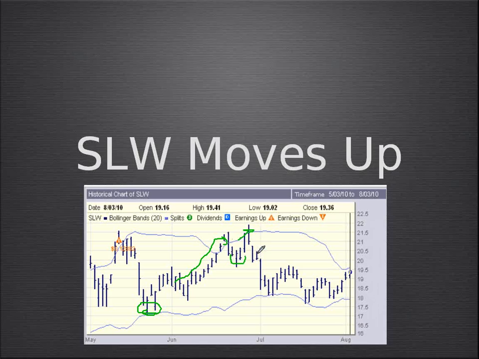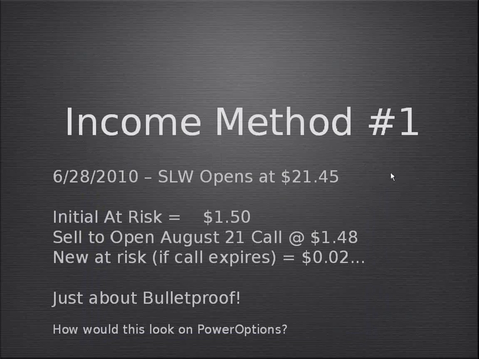And yes, I realized I just sort of drew a happy face there, and that was not my intention. But what I ended up doing after the stock moved up, this is on 6/28 when it moved up the second time. What I was able to do is use the PowerOptions tools to analyze a potential income method, and we're going to show that in just a second. So 6/28, Silver Wheaton opens at 21.45. I missed the first jump, but I got the second jump.